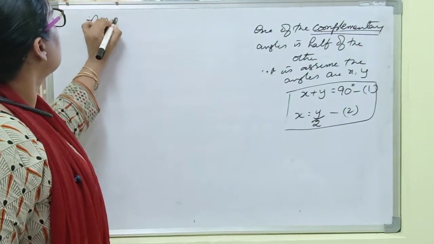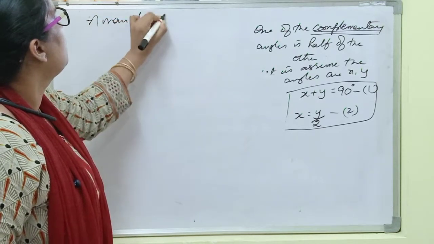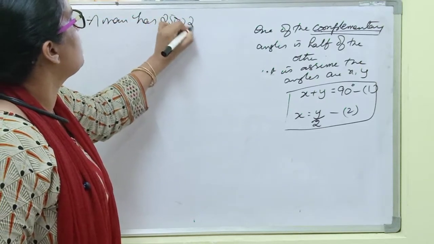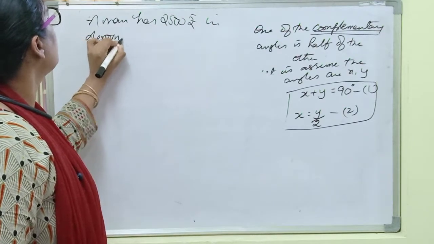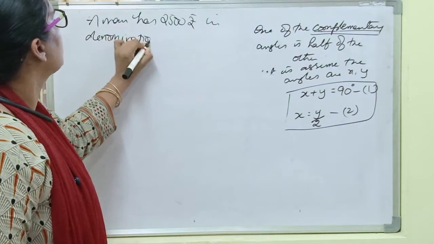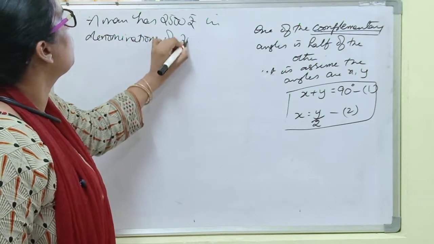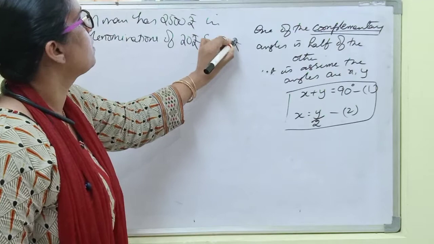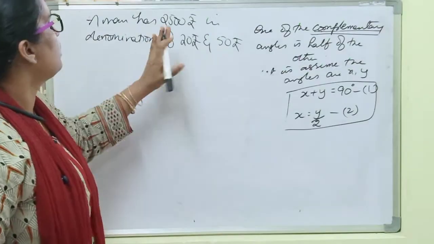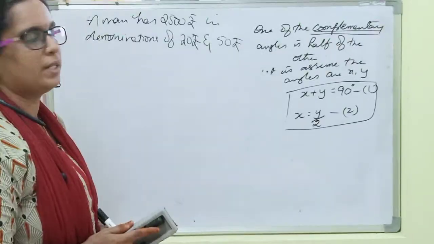A man has 2,500 rupees in denominations of 20 rupees and 50 rupees. Okay, so total amount is how much? 2,500 rupees.